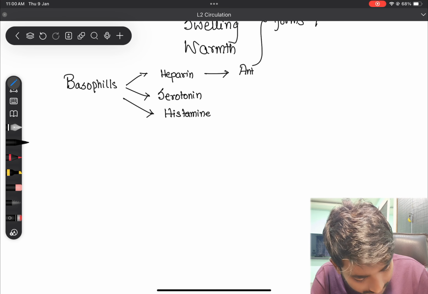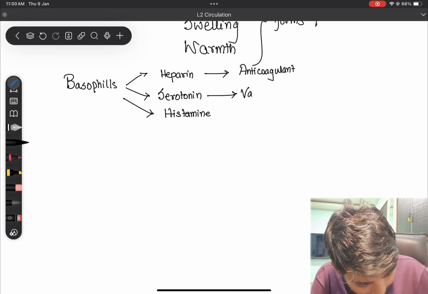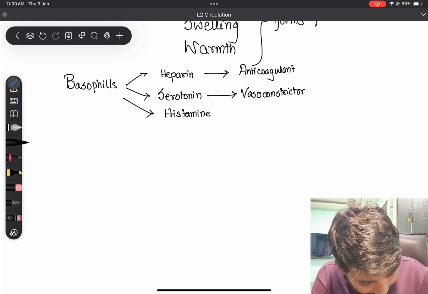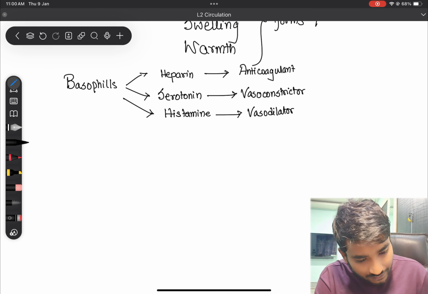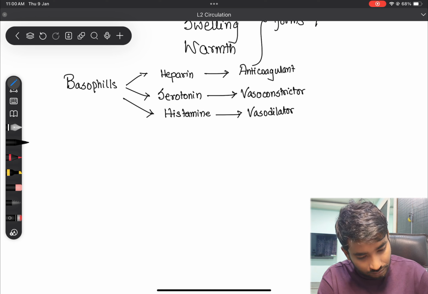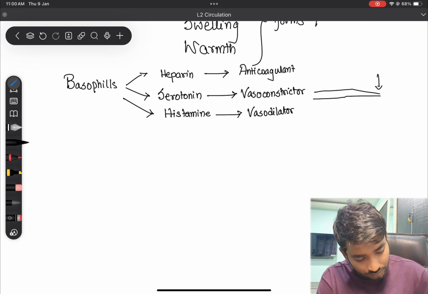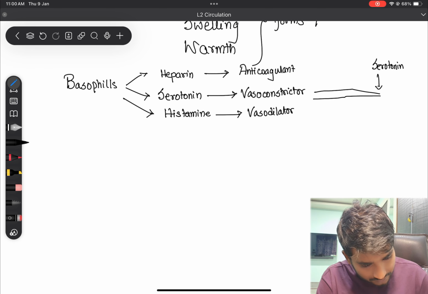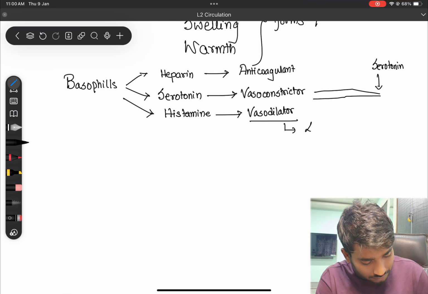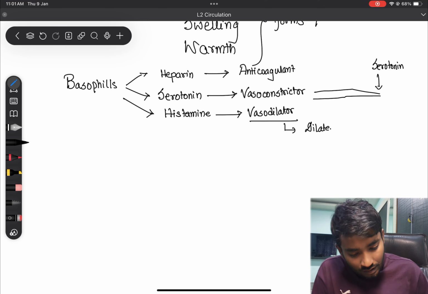Heparin is an anticoagulant, serotonin is a vasoconstrictor, and histamine is a vasodilator. Vasoconstrictor and vasodilator. So now histamine.